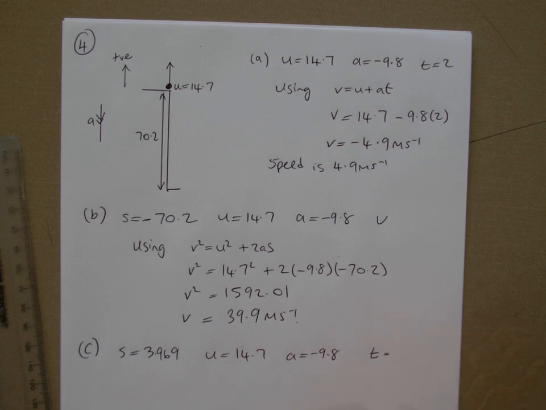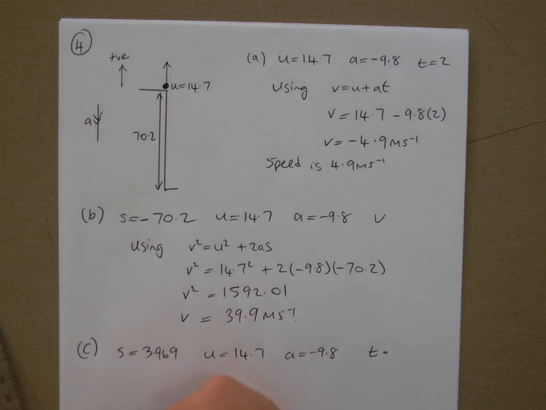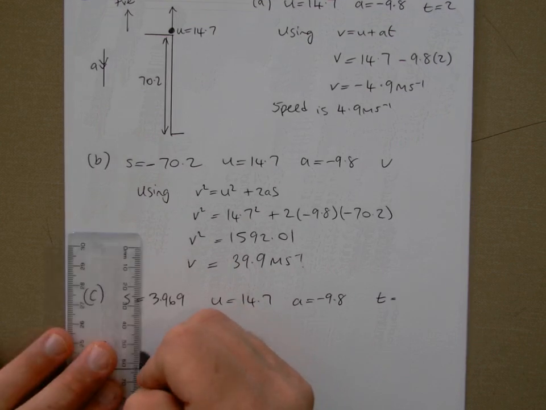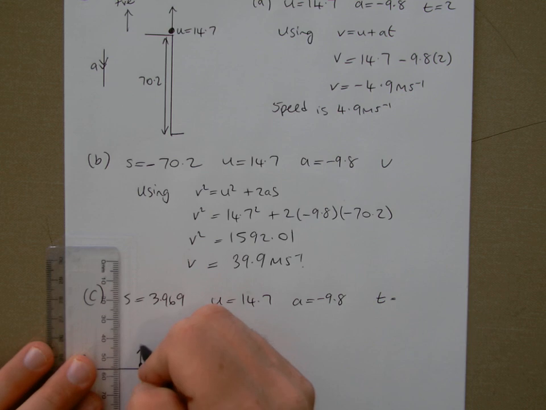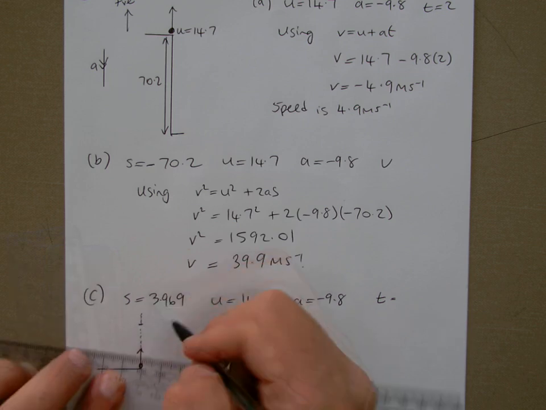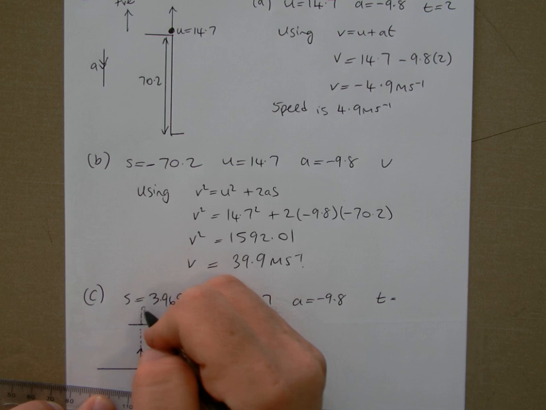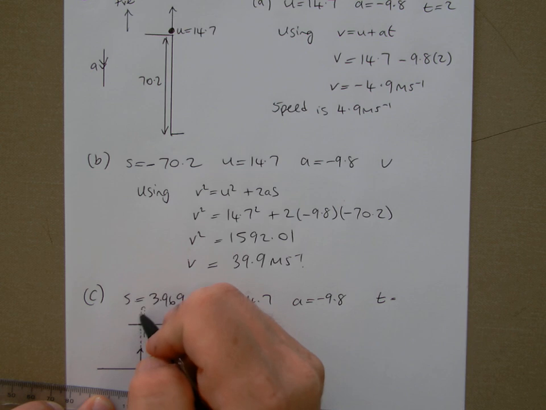Now, essentially, at the top of the cliff, the pebble takes off at initial velocity 14.7, and then it will rise, maybe that's the height there, 3.969, and then it'll rise to its max height, then it'll fall again. So we want the time that it takes to get from here all the way up and then all the way down again. So how long is it in this period above 3.969?